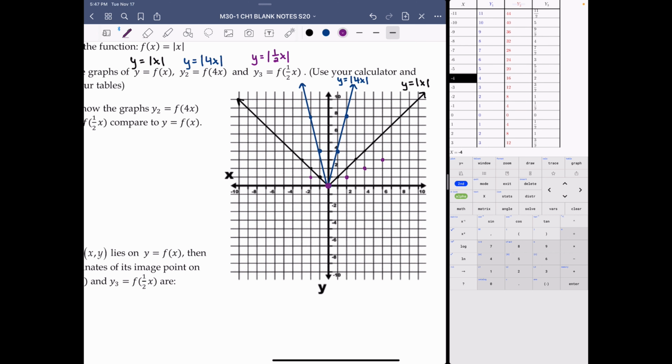When x is negative 4, y is 2. And when x is negative 6, y is 3. Draw the lines. That gives us y equals absolute value of 1/2 x.